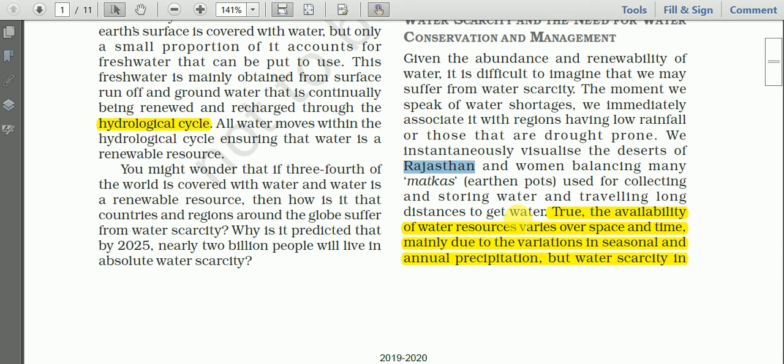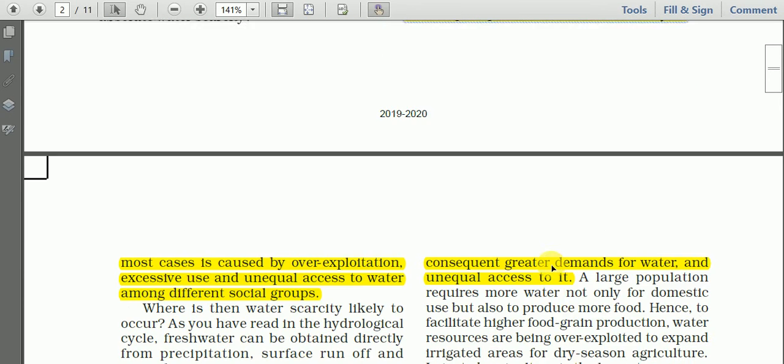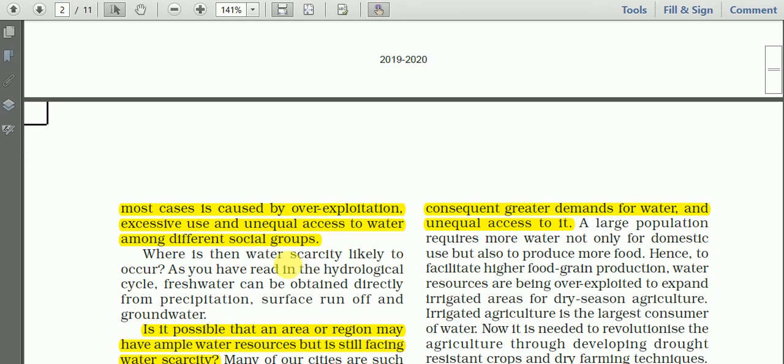So we have this variation in the amount of rainfall from one place to another. And for the seasons also, I told you earlier that in the monsoon season we are getting more rainfall, in the dry and winter season we are getting less rainfall, and that is why we have shortage of water in some seasons, and in some places like Rajasthan and the Ladakh area.